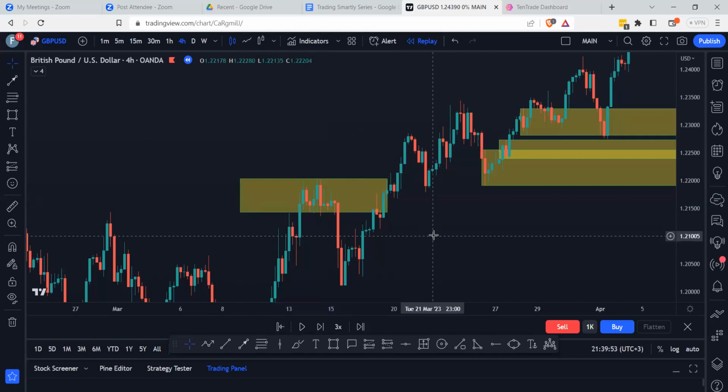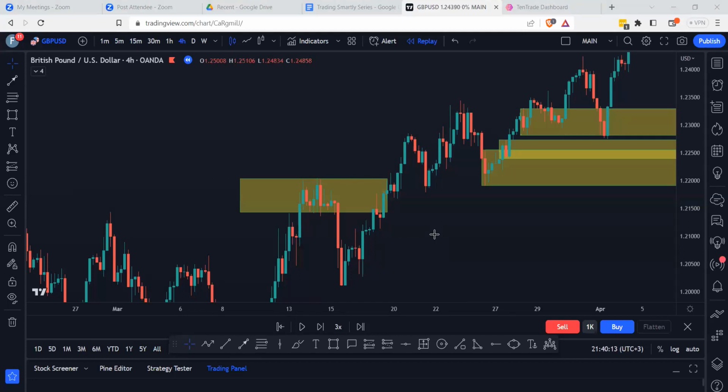Hope that makes sense. The same concept to draw resistance and support. For resistance, the last bullish candle before the move down. For support, the last bearish candle before the move up.